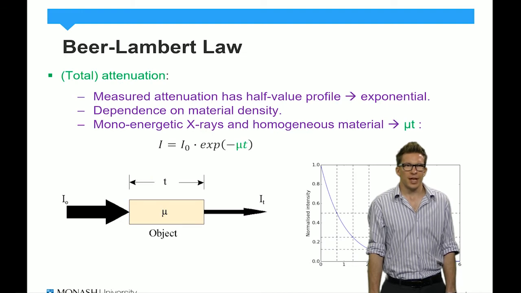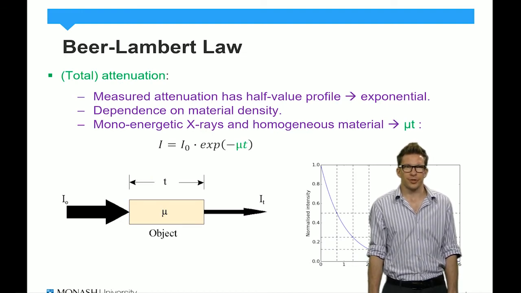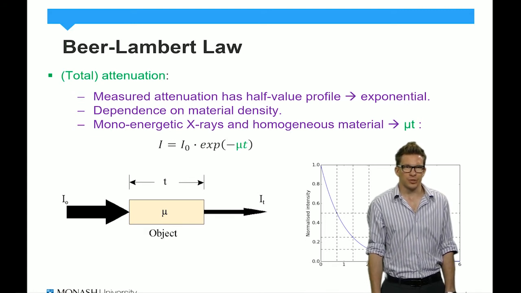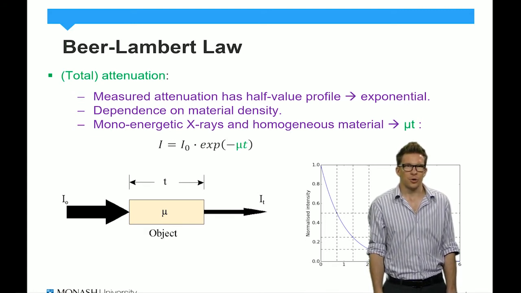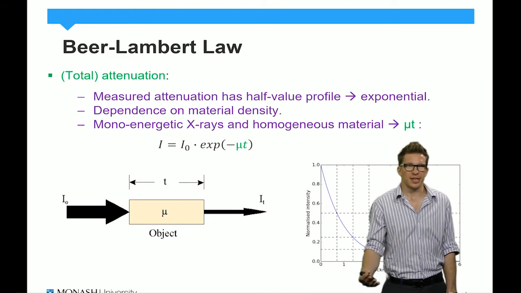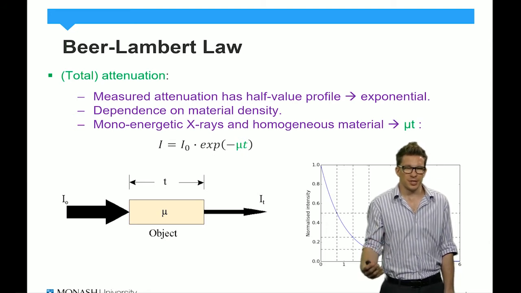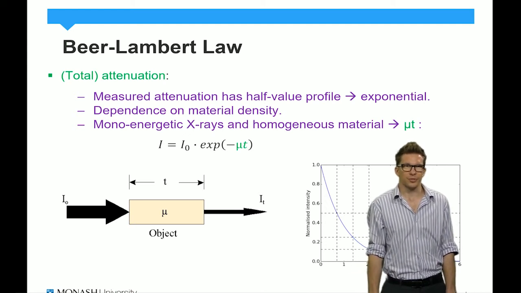So what we actually need to consider is the product of mu and t. That's mu multiplied by t. And the product mu t is called the total attenuation, or normally just the attenuation. Normally we refer to the total attenuation as just the attenuation, but we're explicit when we discuss the linear attenuation coefficient mu. So that will be referred to as the linear attenuation coefficient, or LAC.